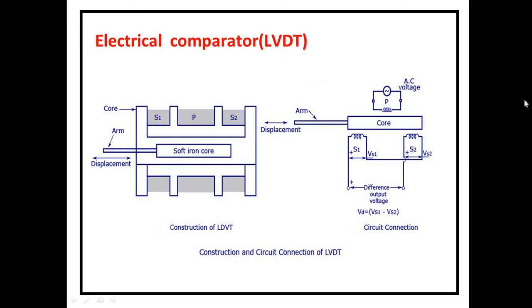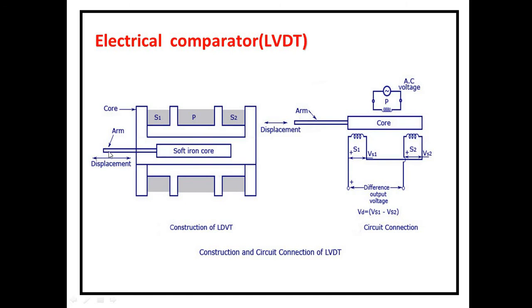Now a ferromagnetic core called the armature moves freely inside a tube. This core is connected to the input signal which is to be measured.